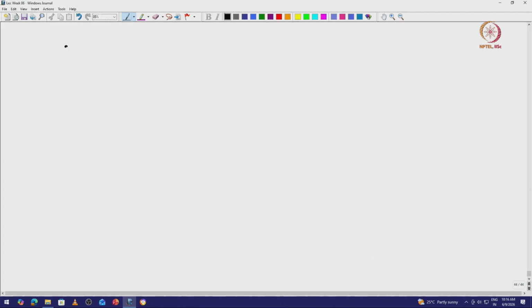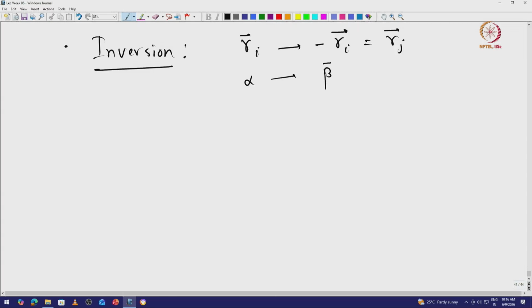Let us take the example of inversion, which is to say Ri goes to minus Ri, that is my Rj, right. Whereas alpha, which is supposed to go to beta, does not change, and sigma goes to sigma prime equal to sigma.